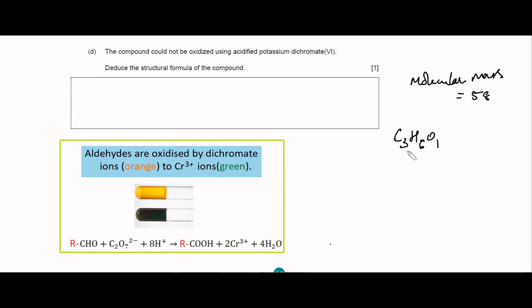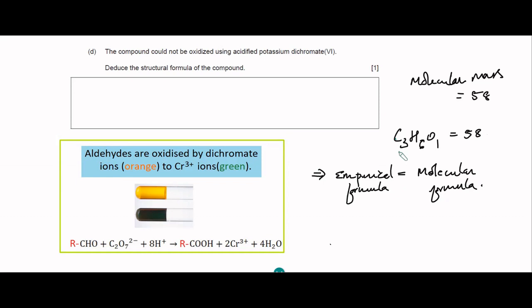This brings us to the conclusion that the empirical formula is the same as the molecular formula, meaning our compound has only 3 carbon atoms, 6 hydrogen atoms, and 1 oxygen.